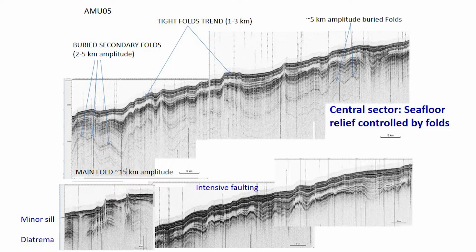It produces a lateral intrusion that is known as a sill. This is the diatrema and the sill, horizontal sill intrusion. And also vertical intrusion in favor of the intense faulting.